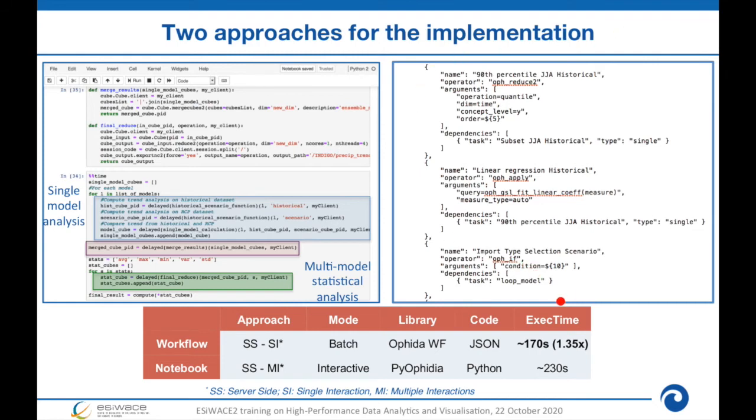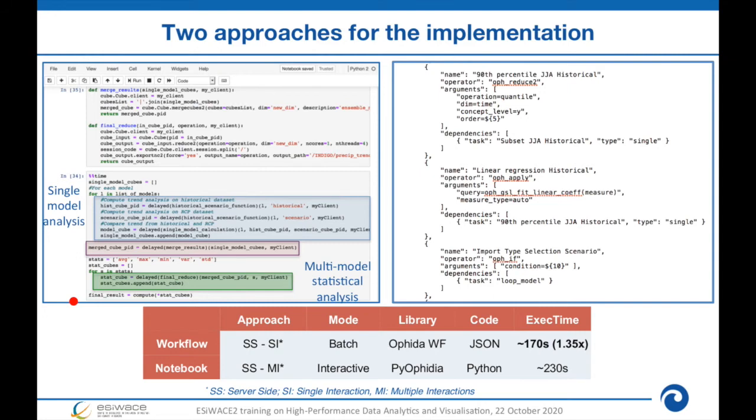And in this part, we have the JSON file that we saw in the previous example. So in order to actually run the tasks in a concurrent way, we have to exploit this multi-processing mechanism, which allows us to run the Ophidia tasks concurrently from the same notebook.